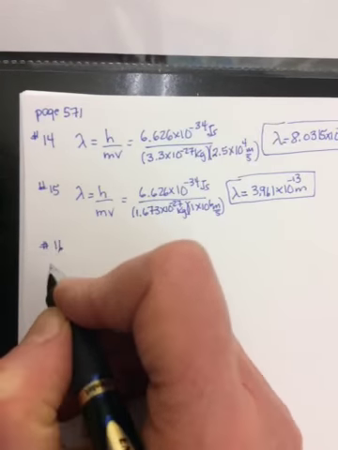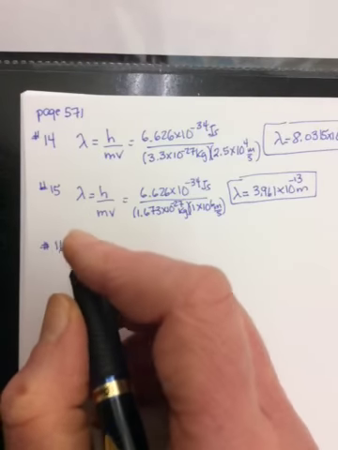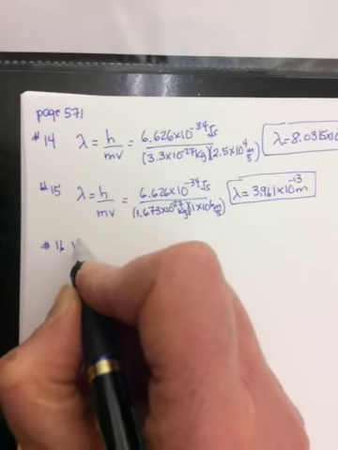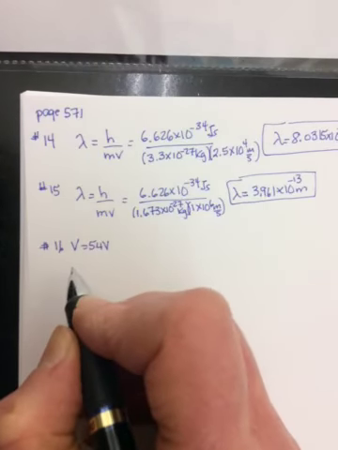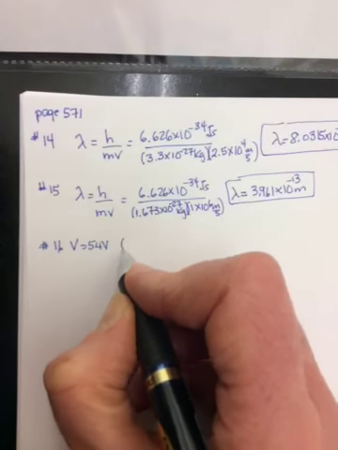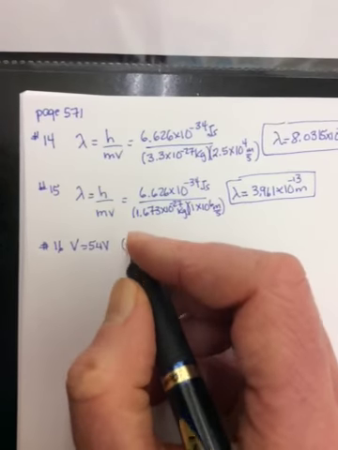Number 16. An electron is accelerated across a potential difference, so V is equal to 54 volts. Find the maximum velocity of the electron. So they're changing it up a little bit here on you.